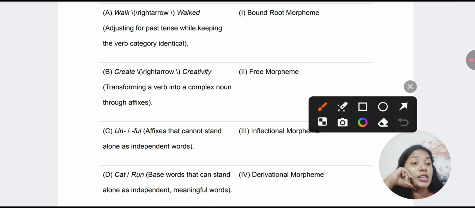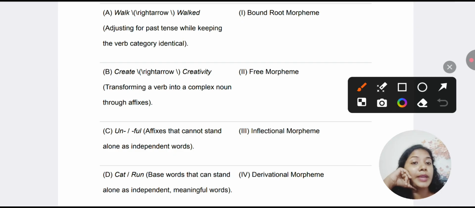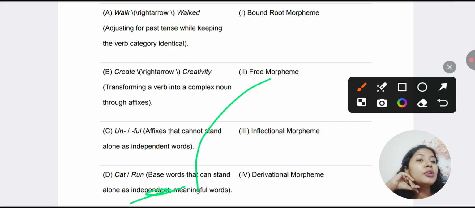In yesterday's class, I told you free morpheme: cat, run, a base word that can stand alone as independent. So this was the free morpheme, right? A bound morpheme needs a root or free morpheme, so it needs to relate with a free morpheme.